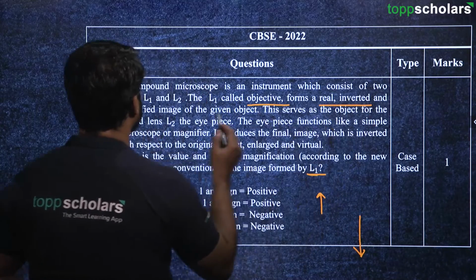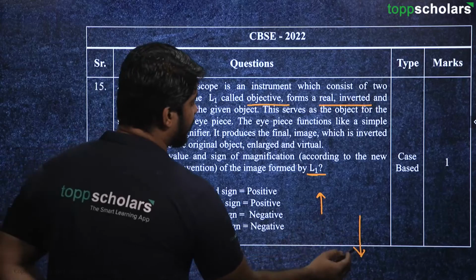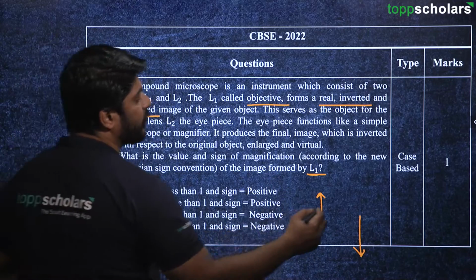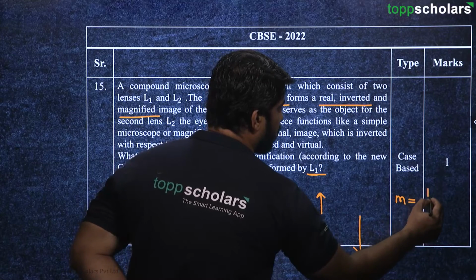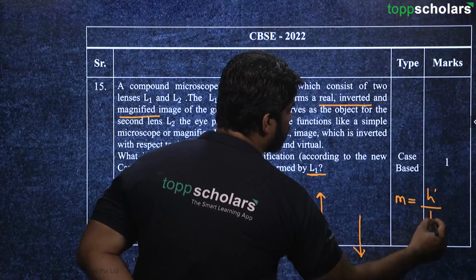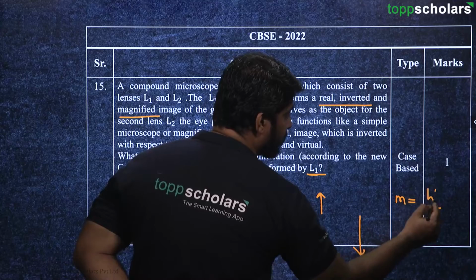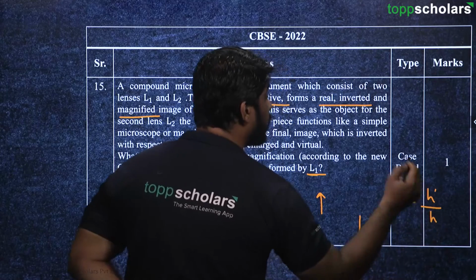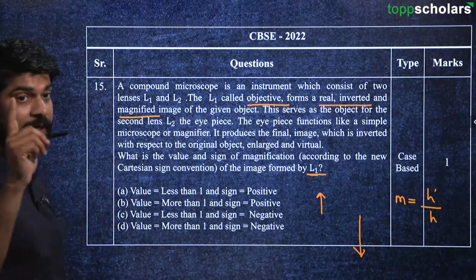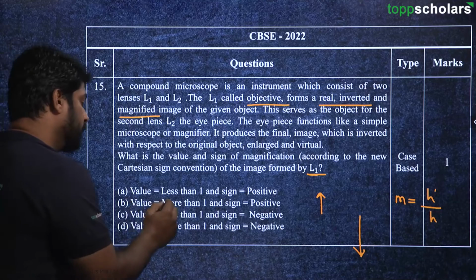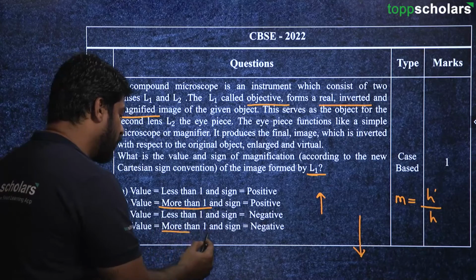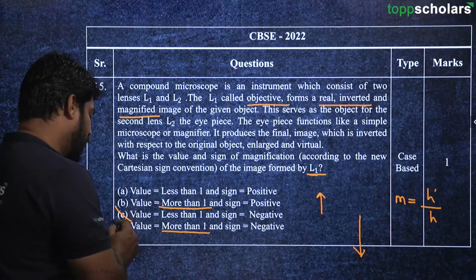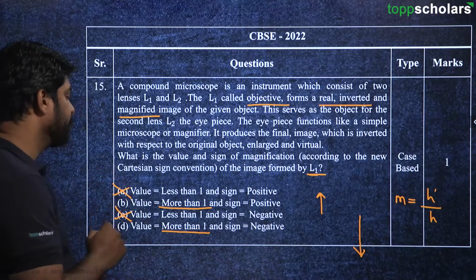It is real, inverted and magnified, so it is bigger. Magnification is image height upon object height. Since this is bigger than this one, m is definitely greater than 1. So we have to look at those options in which the value is more than 1. Other options can be directly eliminated.